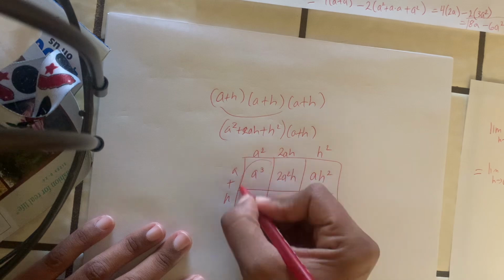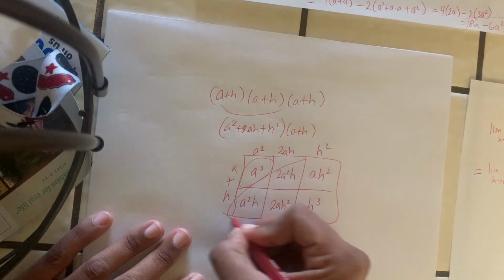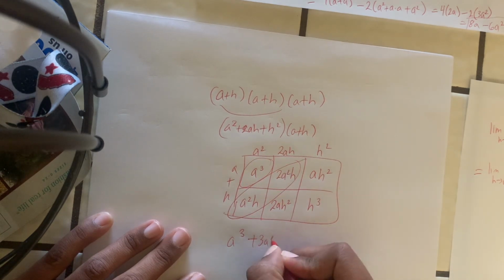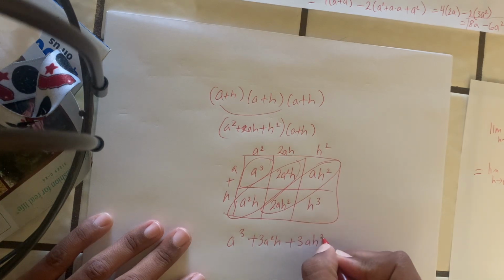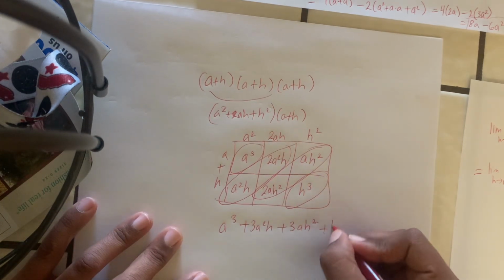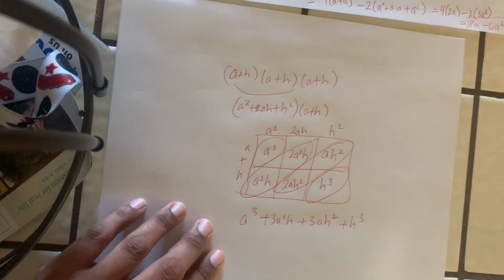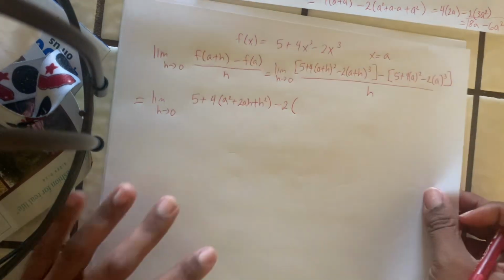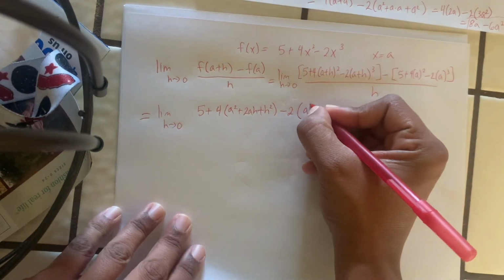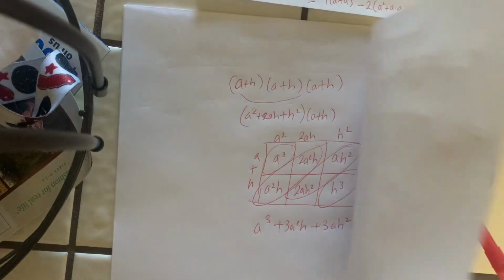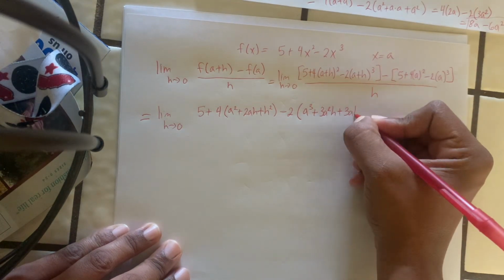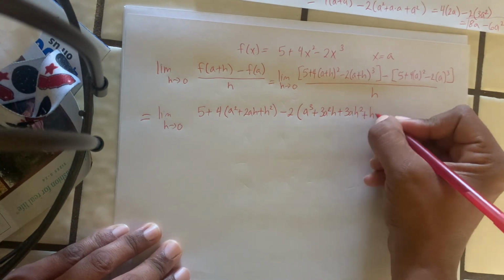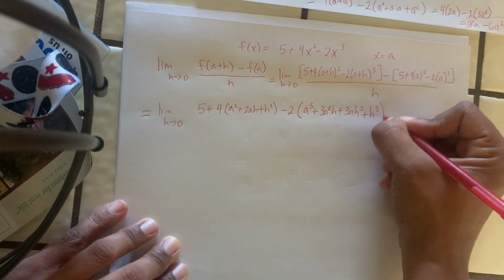So we are left with a cubed, 3a squared h, 3ah squared, and h cubed. And that is what I'm writing over here. So a cubed, 3a squared h, 3ah squared, and h cubed.